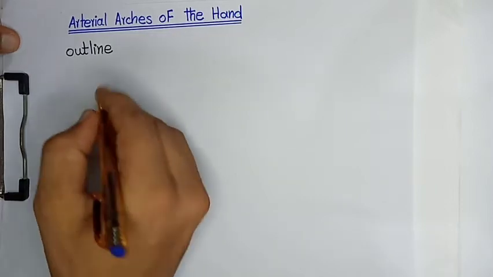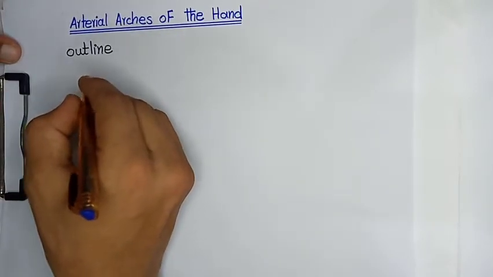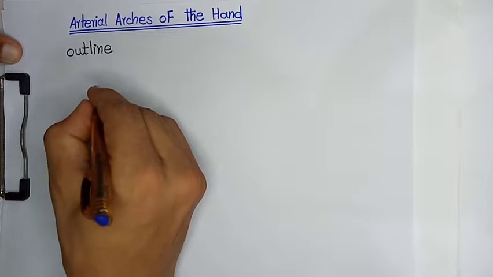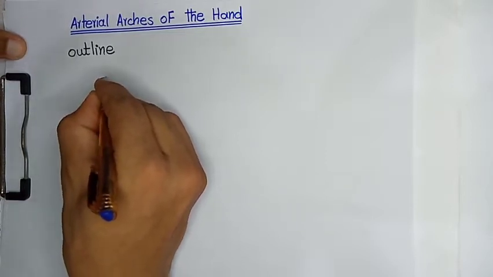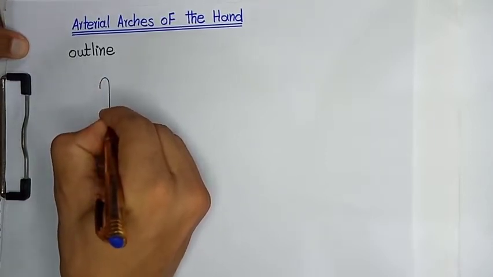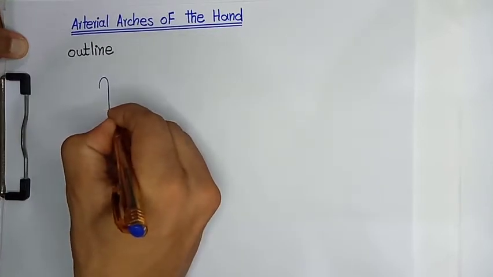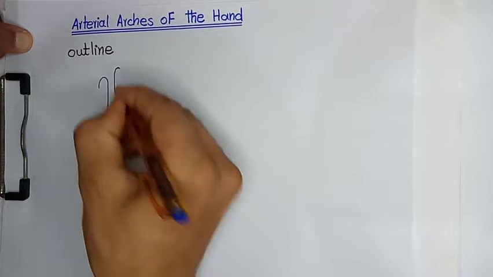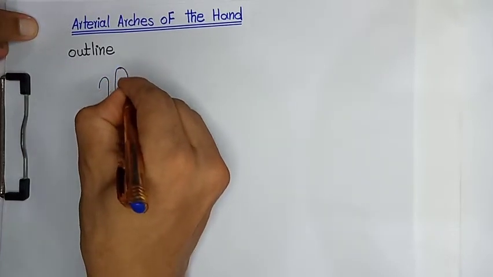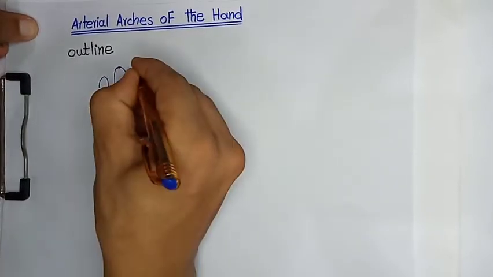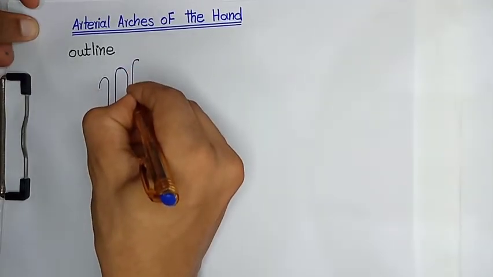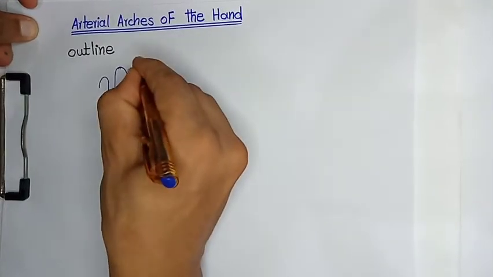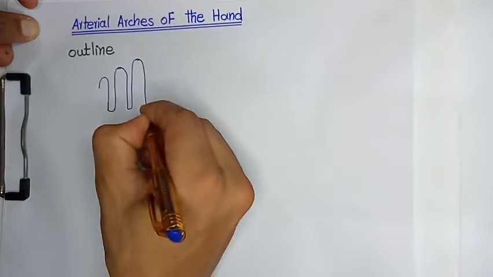It doesn't matter that they must be exact. Now, arterial arches of the hand, the superficial and deep palmar arch, and this is how we can draw the outline of arterial arches.